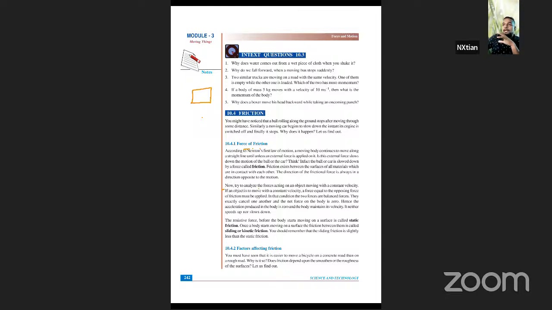Or we can understand it like this. Who knows carom? While playing carom, if you are not able to hit the coin in the hole, you will say the carom board is bad.